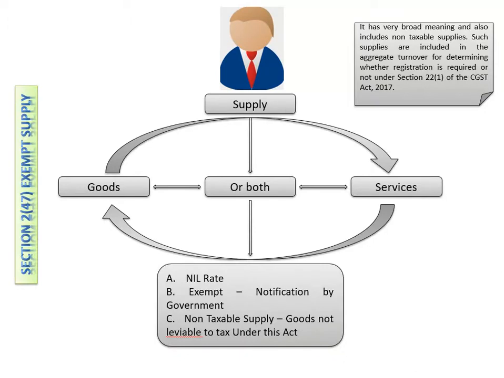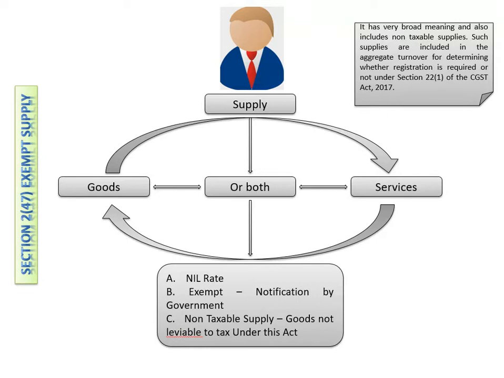The next that we have is exempt supply. Now, exempt supply means supply of any goods or service or both which attract nil rate of tax or which may be wholly exempted from tax under section 11 of the CGST Act or under section 6 of the Integrated Goods and Services Tax Act, and includes non-taxable supply.